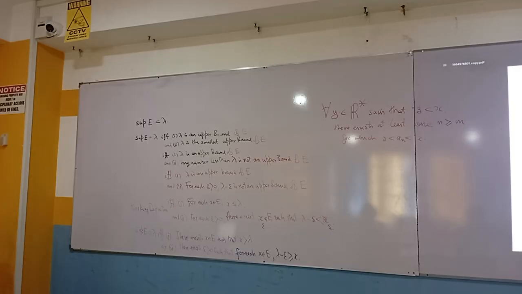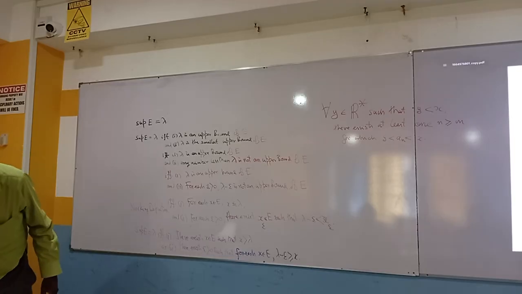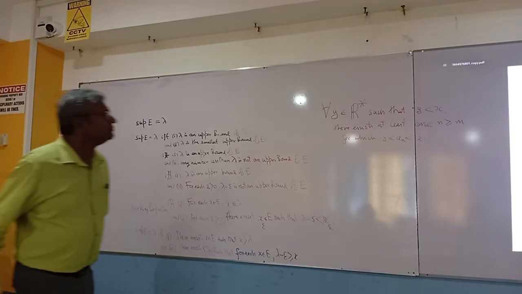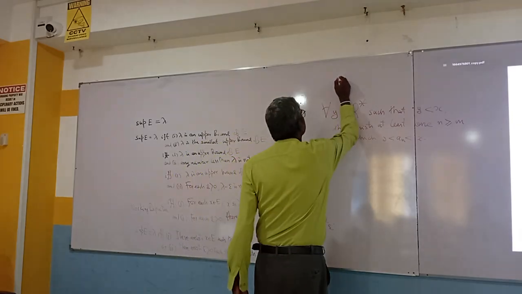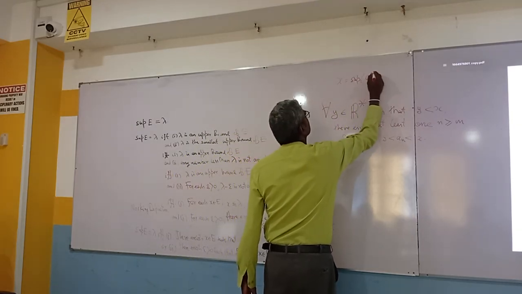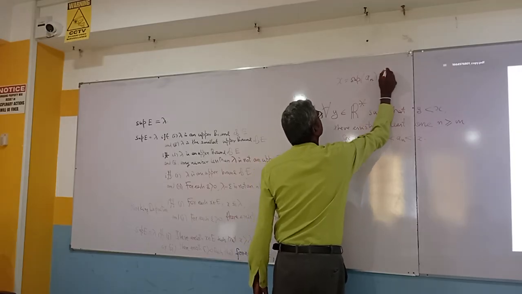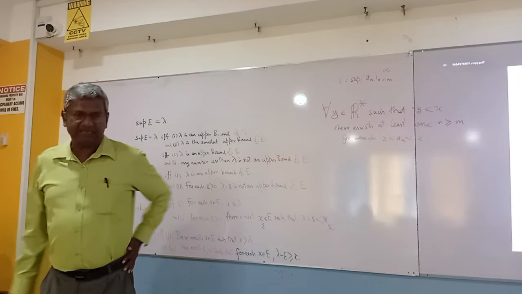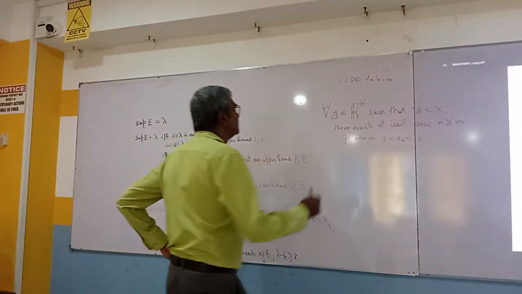So, of course, it is an exercise, but can we do it right now? Here, I think we try the thing. x equals 3. If x is equal to the supremum, x belongs to R star.